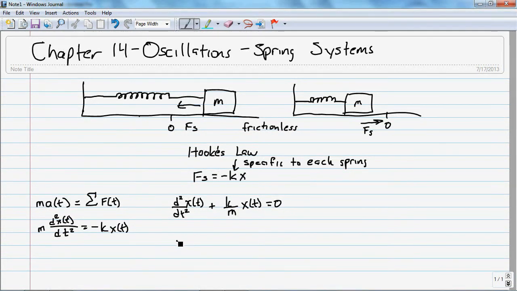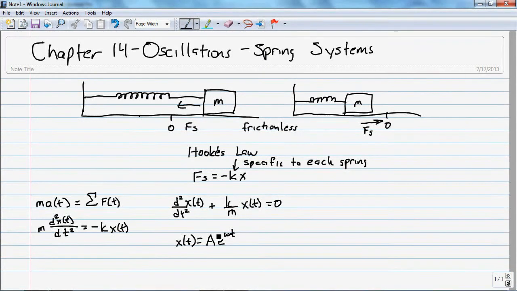I'm so used to writing y's after the differential chapter. And we use something in the form A e to the R t. We used R previously, but for reasons that are going to become known shortly, I'm going to use omega t.